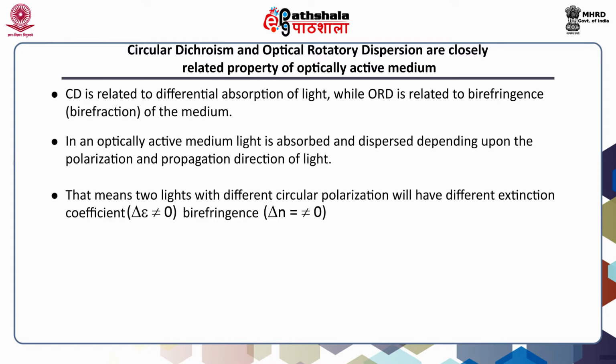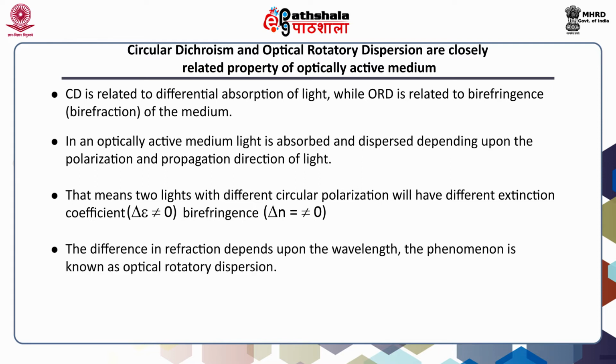It means that differential absorbance of the LCPL and RCPL components leads to circular dichroism, while the differential refractive indices of LCPL and RCPL result in optical rotation of circularly polarized light in an optically active medium.